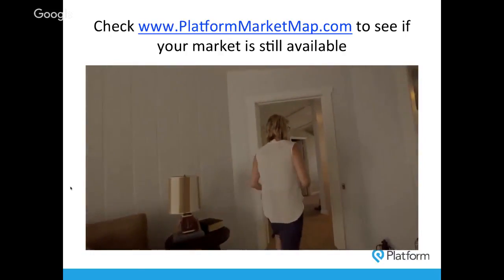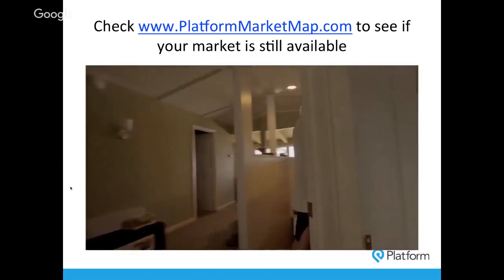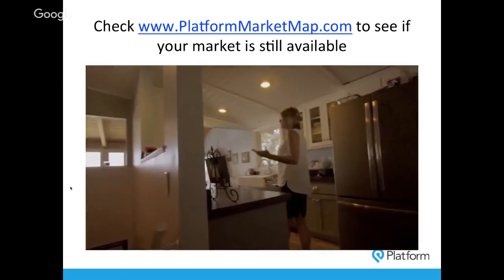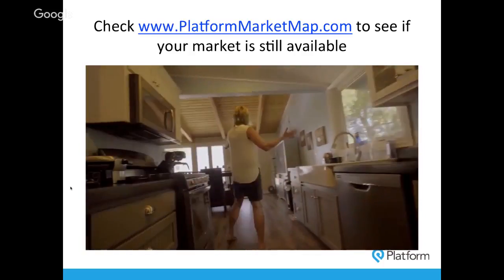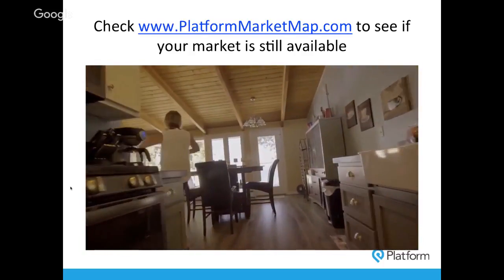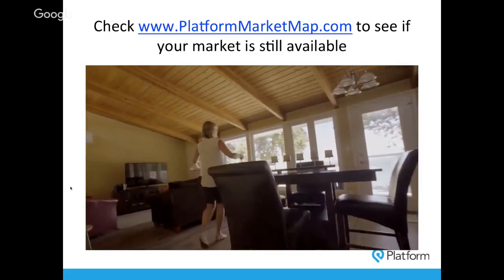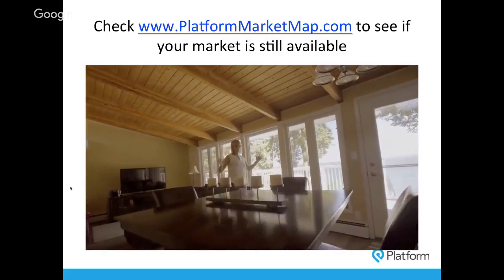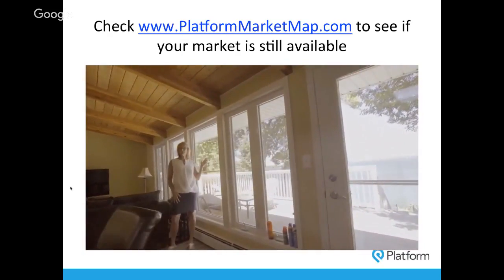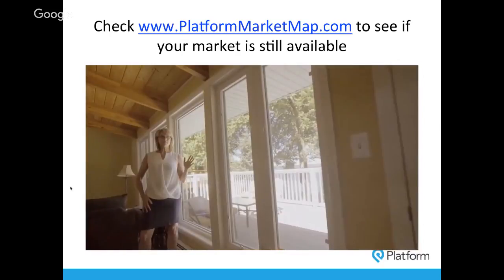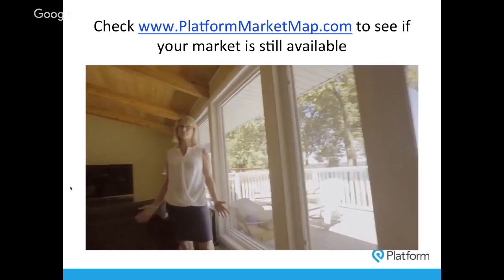Going into the kitchen, I was able to put in all new countertops, new flooring, all new appliances, took out some walls, added some windows, opened up the living room. This was a couple tiny rooms before. But what I love about this place is this epic view of Green Lake, and thanks to Platform, I get to enjoy it every day.